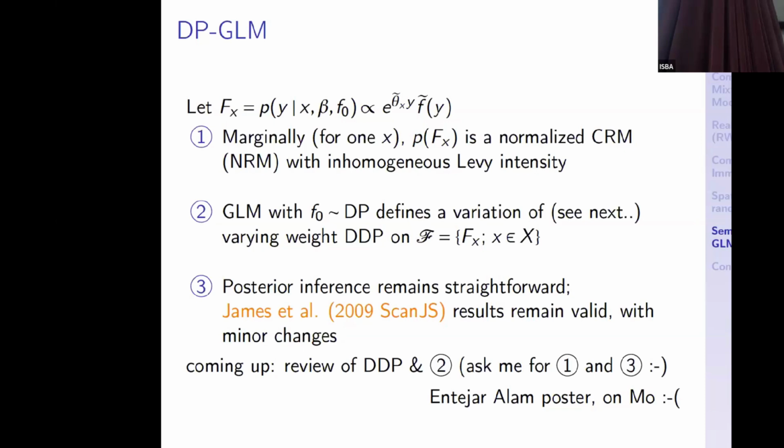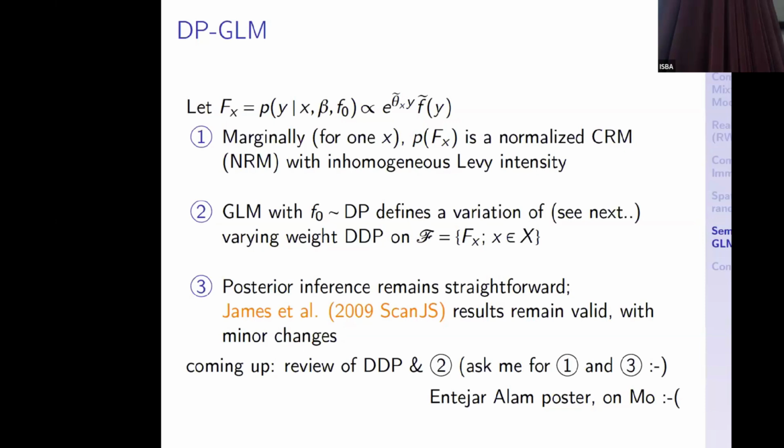It turns out if you put the completely random measure prior on the F tilde, then the exponentially tilted thing is again a completely random measure. When we normalize it, it's a normalized completely random measure, but now with a homogeneous level intensity.